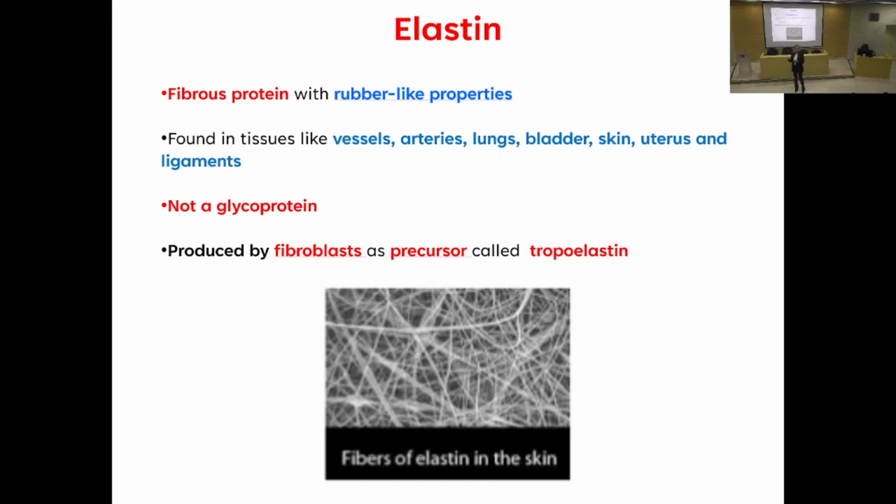Elastin, when synthesized by the fibroblast, will be synthesized as proelastin, or they call it tropoelastin. These are the forms before the final form. Tropoelastin, tropocollagen, then the next steps come and it becomes collagen, or elastin.